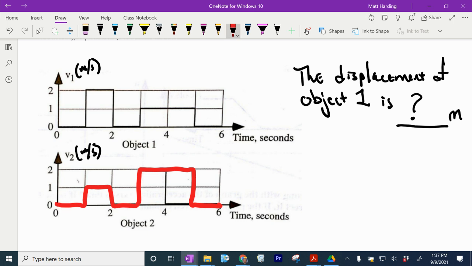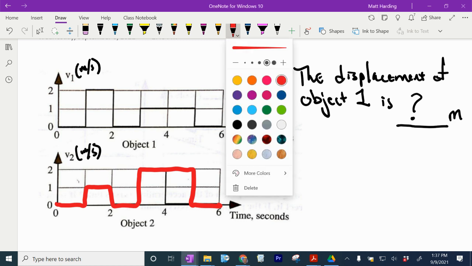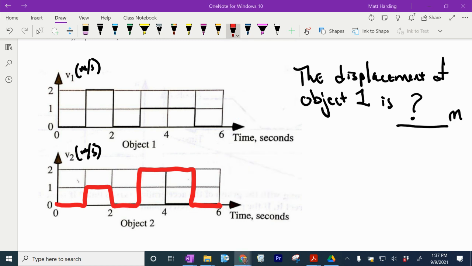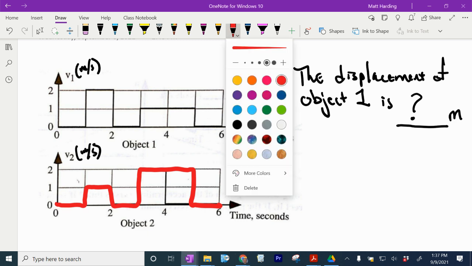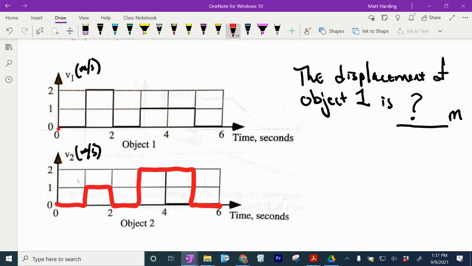Let's see who can be first in here with the correct displacement for that one.